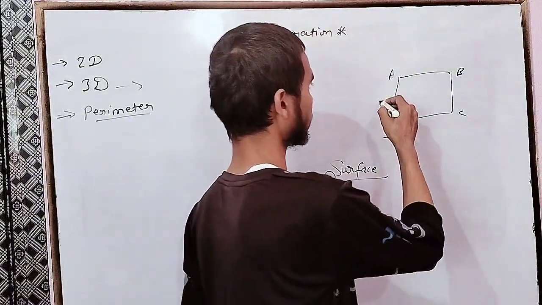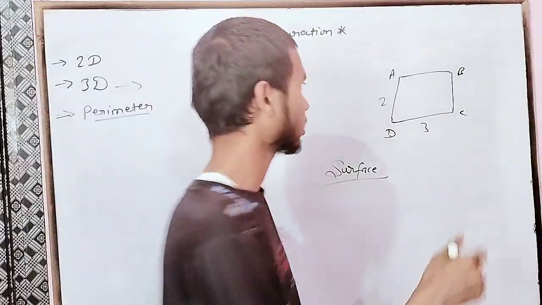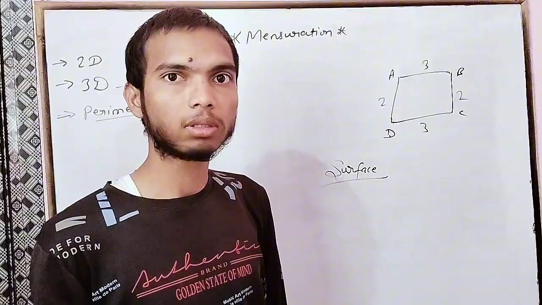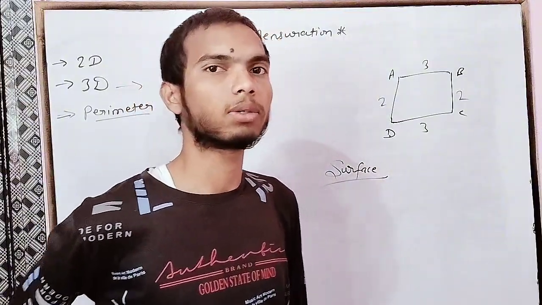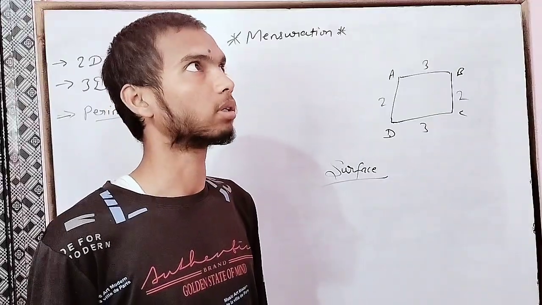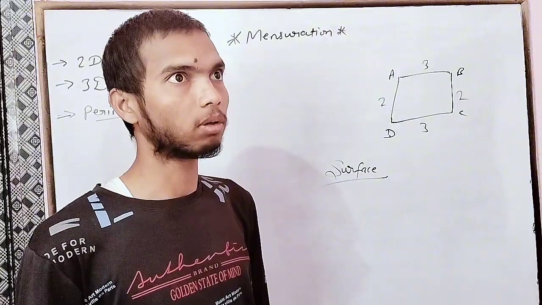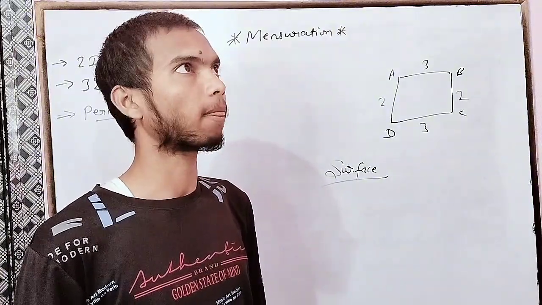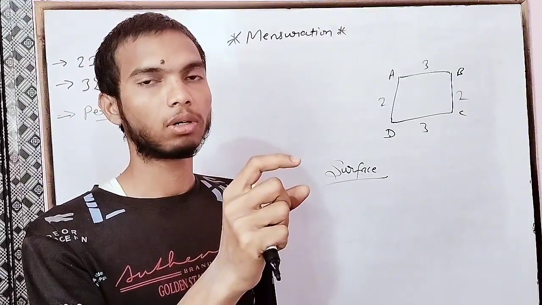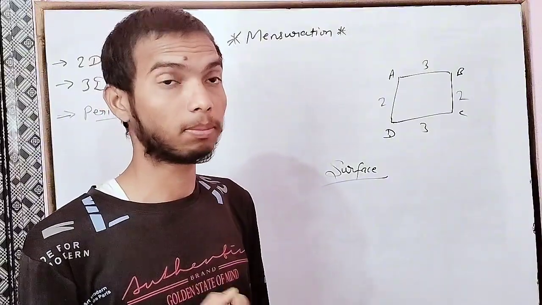For example, this is a 2 and this is a 3, and this is a rectangle. If someone asks you what is the perimeter of this rectangle, then you would say, oh, perimeter. I just will sum up all the given measures together, then we will have the total measure of the rectangle, which is the perimeter.